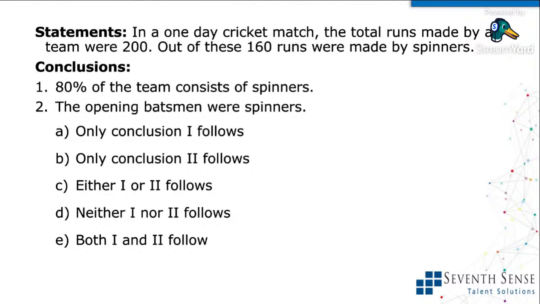Okay, Ishwant is telling option A, sir. Only conclusion one follows: 80% of the team consists of spinners. Okay, fine. Anyone else? See, the thing is, in statements and conclusions you need to have some general idea of how to analyze this. Your analysis is very, very important in these types of questions.